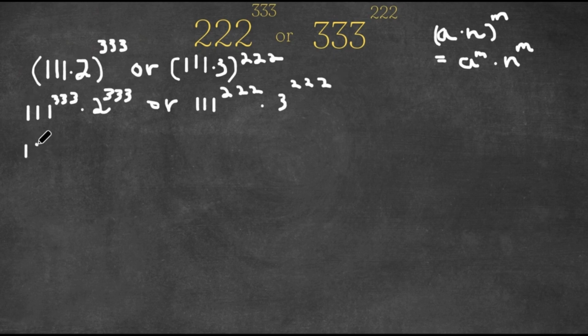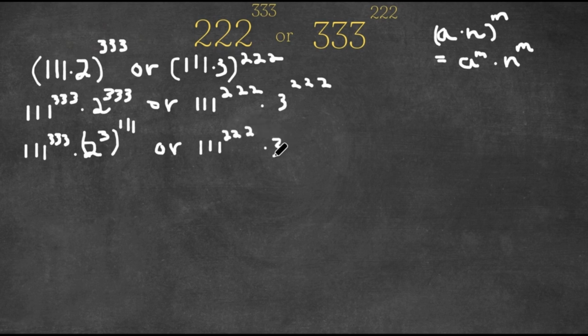Now I'm going to write 111 to the power of 333 times 2 to the power of 3 to the power of 111. And on this side, 111 to the power of 222 times 3 to the power of 2 to the power of 111.